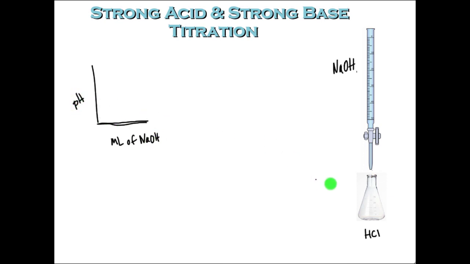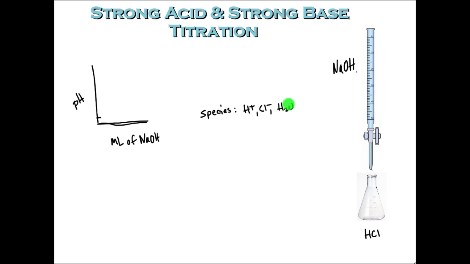Before I do anything, I'm going to measure the pH. My pH, because I have a strong acid, is going to be really low. So it's going to be really low down here at the beginning. Now as I add the base, I'm going to get a chemical reaction. What I should do is list the species present. So in the beginning, I just have H+, Cl-, and water.